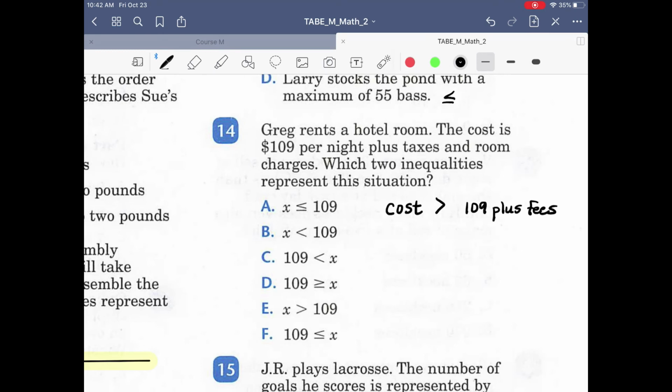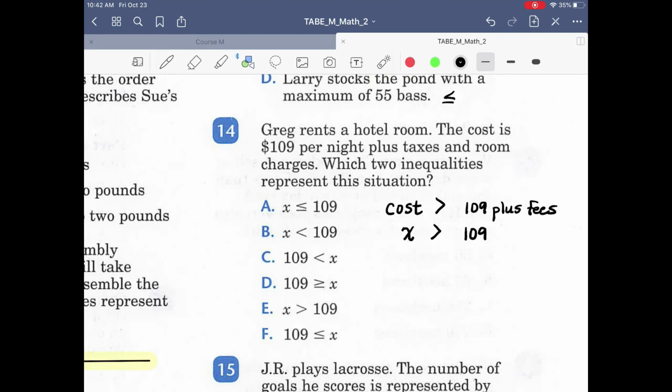So what I'm looking for, they're using X here. It's going to be at least $109. And since we know that taxes and fees are added, it cannot be 109. So we want our X to be on the big part of the arrow.